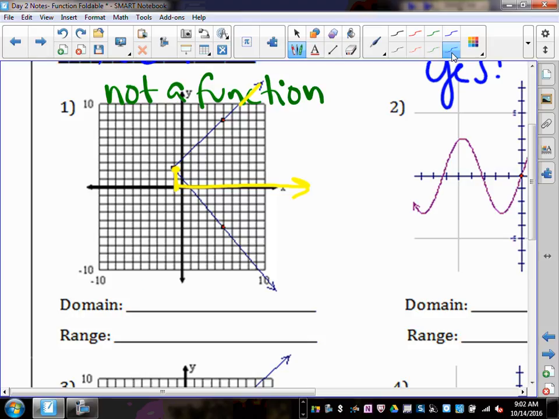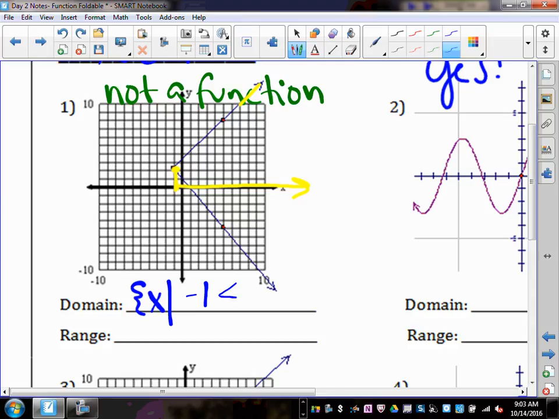So my domain, I'm talking about my x values, so we have to write this in set builder notation. x such that, now we want to write an inequality. My x doesn't start until -1. And x is everything bigger than -1, right?